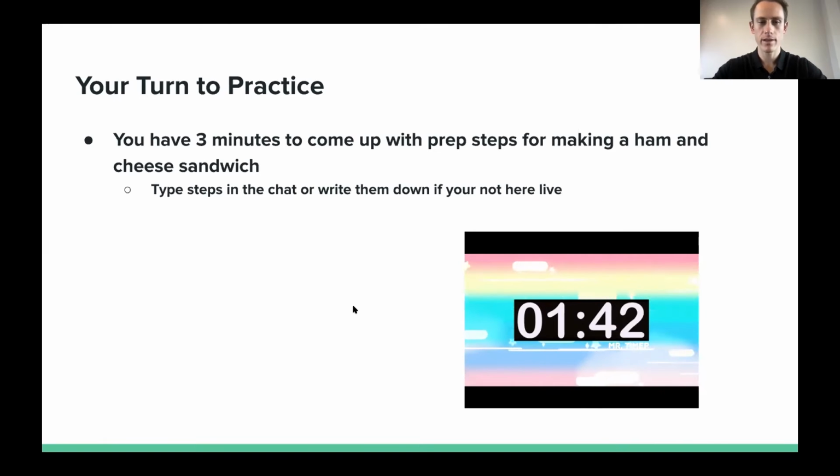Be thinking about those steps that you need to make that sandwich. What's step 1? What are you going to do next? Is there anything you're missing in your steps or your plan to making that sandwich?